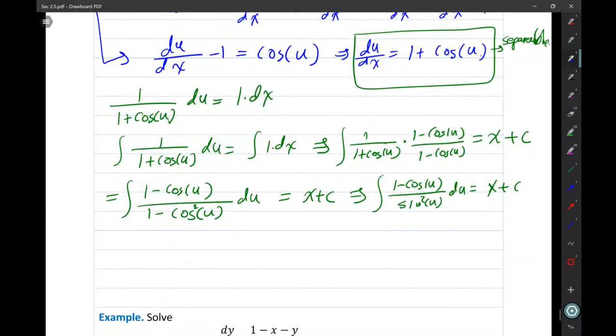Now you have to separate because the numerator has two terms.